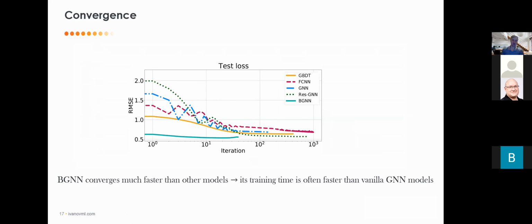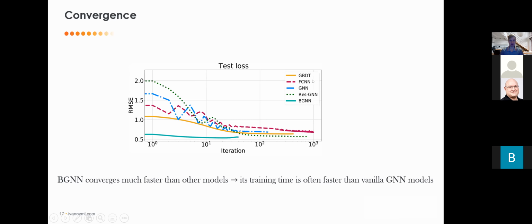The reason for this is that we converge much faster. Here's an example with epochs at the bottom, and this is the RMSE error that we look at during training. We can see that the BGNN line at the bottom converges almost by the 10th epoch, so it converges very fast.